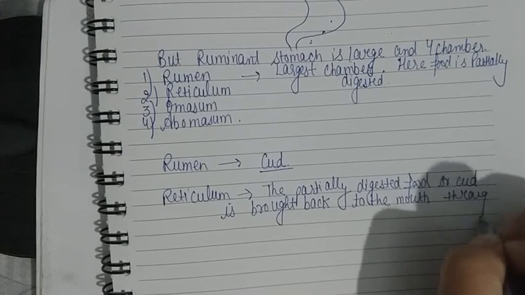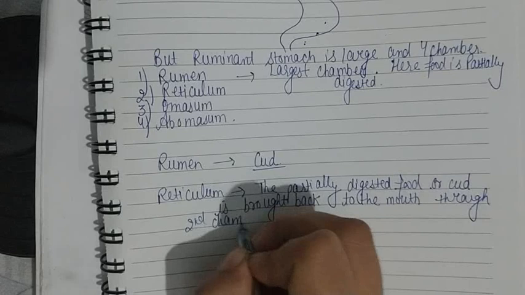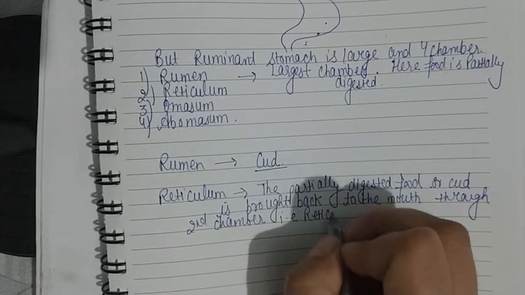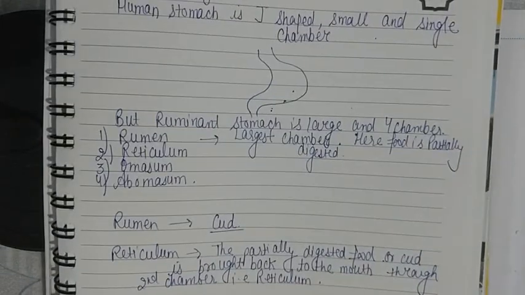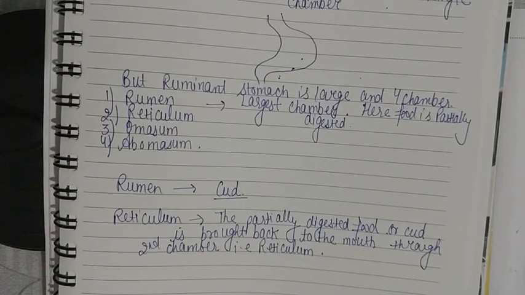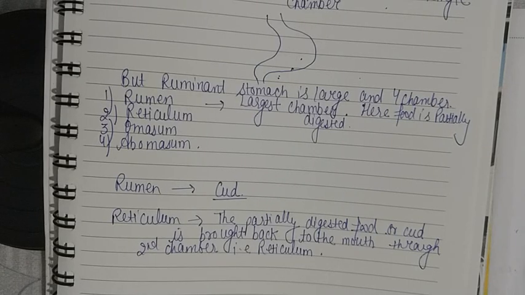In the mouth, cud is mixed with a large amount of saliva and rechewed thoroughly. This food again enters the rumen and digestion continues for some time. Cellulase and other enzymes act on cellulose here.